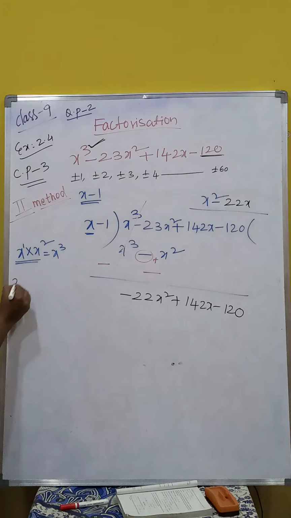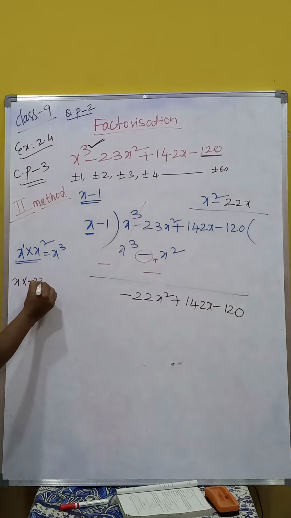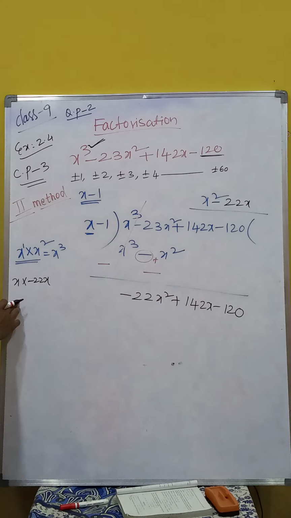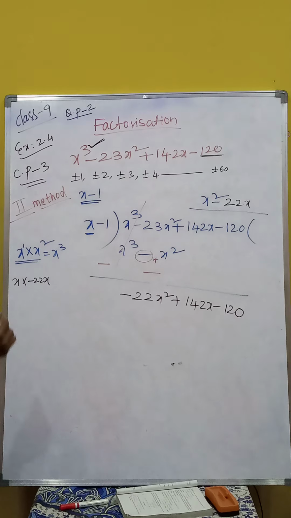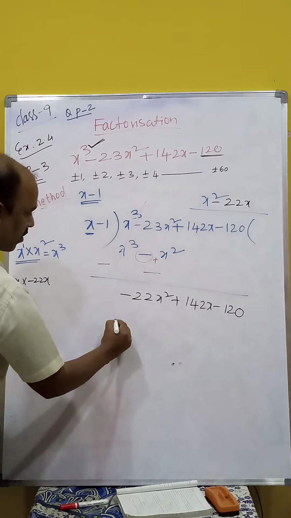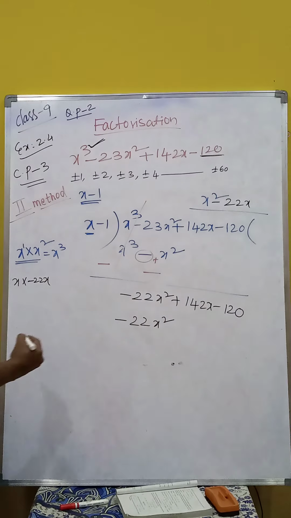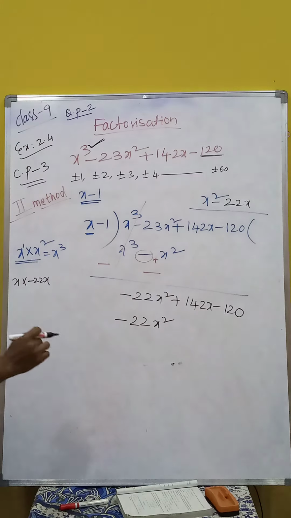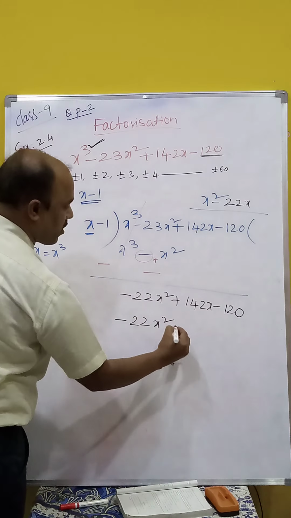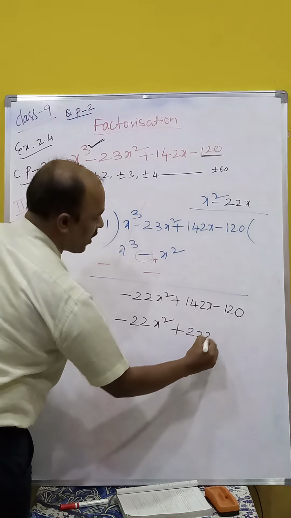I am writing here x into minus 22x. x into minus 22x is minus 22x square. Minus 22x square. And next, minus 1 into minus 22, that is minus into minus. First write the plus: it's 22x.